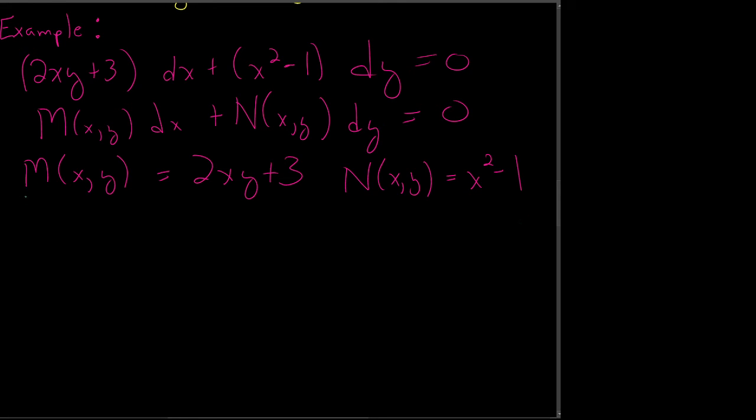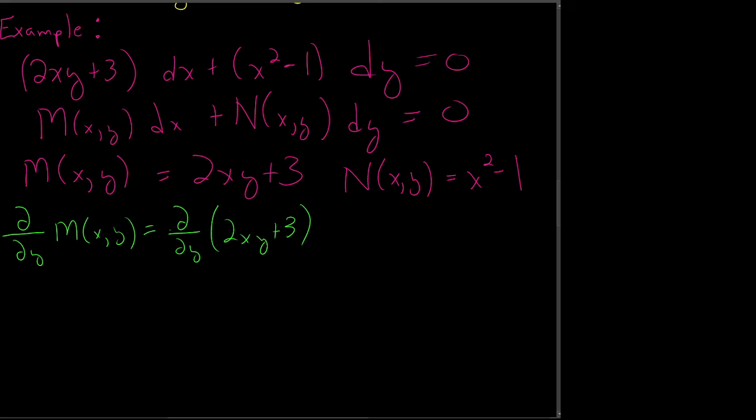So I want to take the derivative of the M part. What I'm looking at is the thing that sits in front of the dx, and I have to take the derivative of the opposite variable. So I want to take the partial derivative with respect to y of M(x,y), which is the partial derivative with respect to y of 2xy + 3.